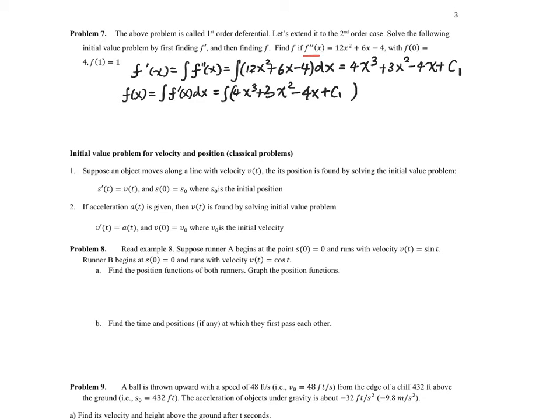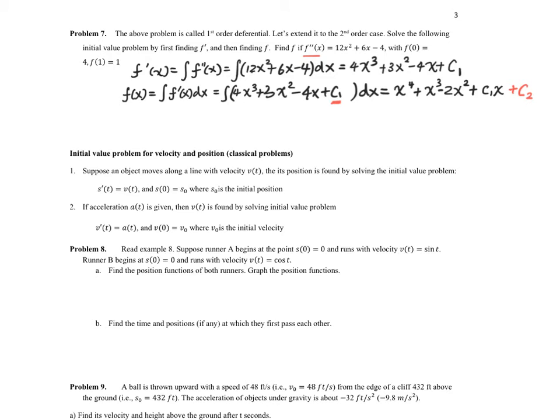And then you apply the power rule for all these terms: x to the fourth, plus x cubed, minus 2x squared, plus, now when you find the antiderivative of c1, it is just a constant, so the antiderivative is c1 times x. Don't forget that you have to add the constant at the end, because c1 is used, I'm going to call this c2.